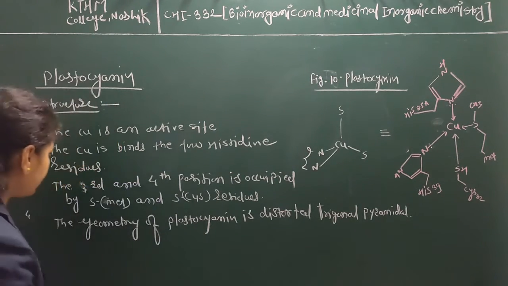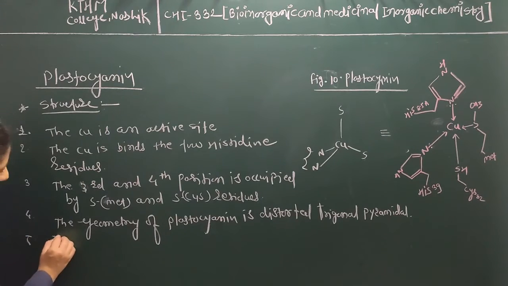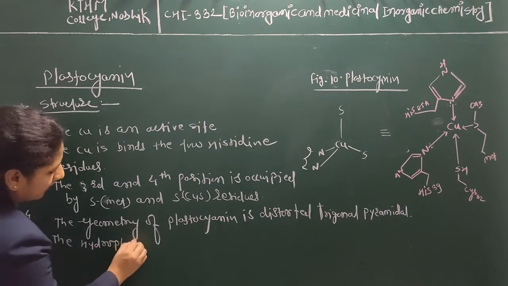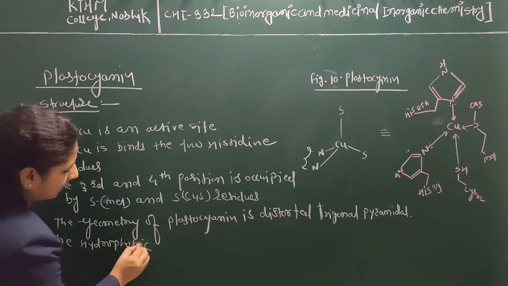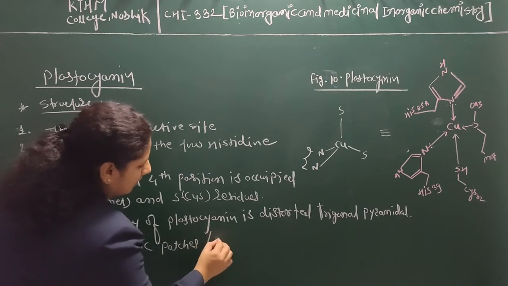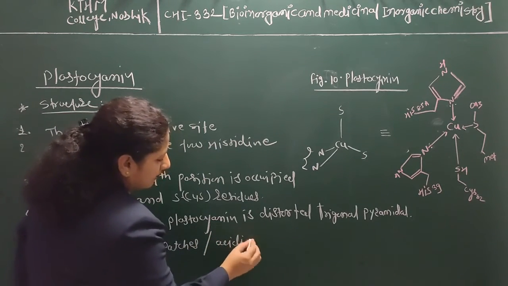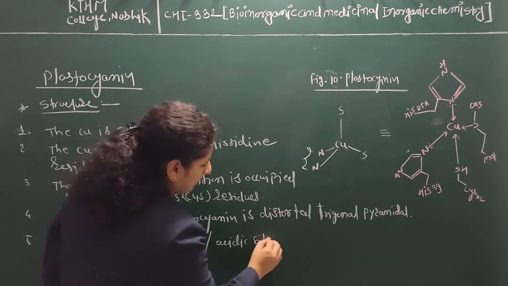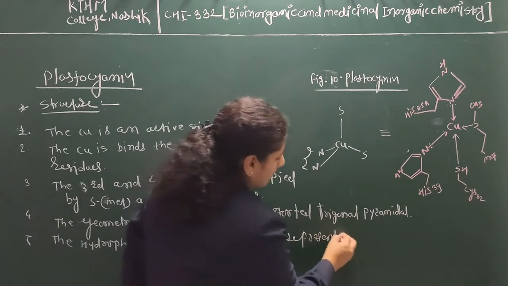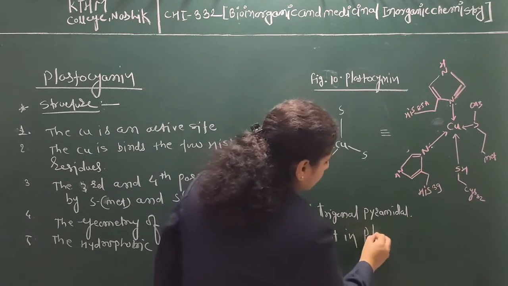So we can say that the hydrophobic patches or the acidic sites are present in plastocyanins.